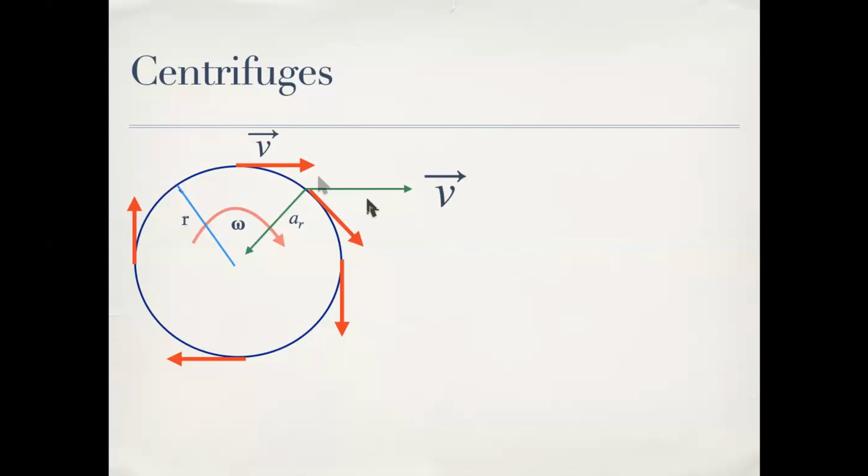So motion over the circle is an example of motion with constant acceleration. What follows from this picture is that this acceleration is directed towards the center of the circle, and therefore I call it a sub r to denote that it's a radial acceleration.